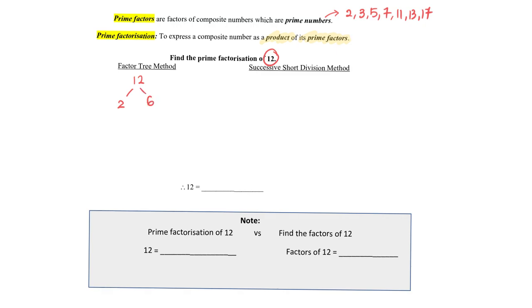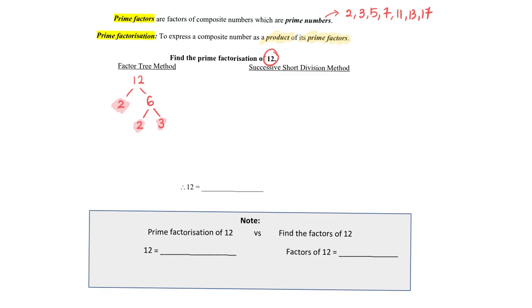And after that, I focus back on my 6 because 6 can be further broken down into prime factors. And 6, I can break it down into 2 and 3. And I stop once I see that all the factors are prime numbers.